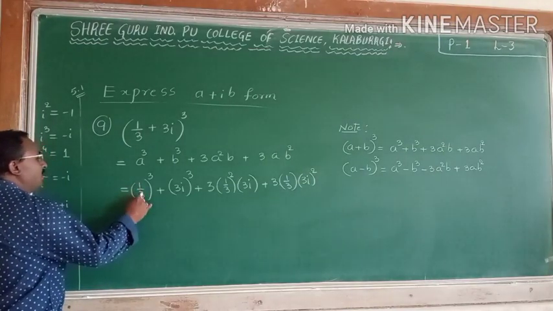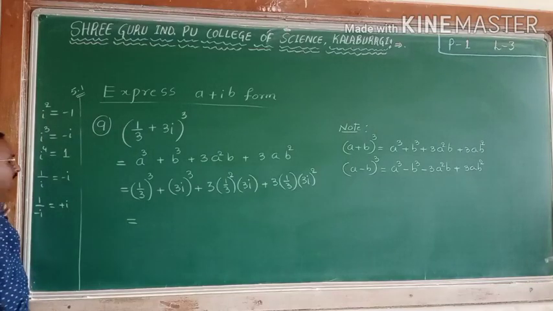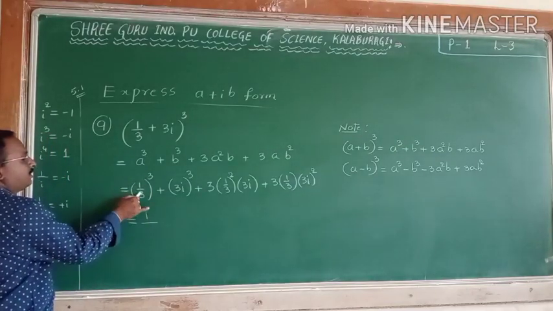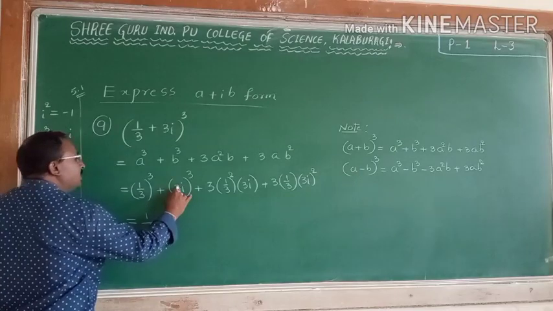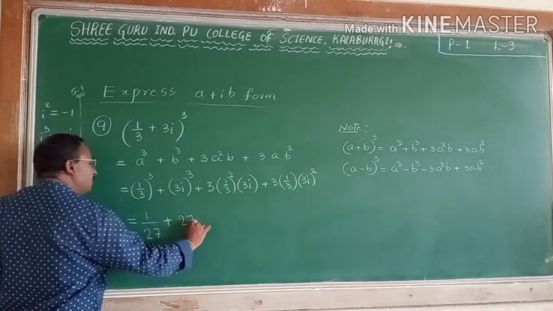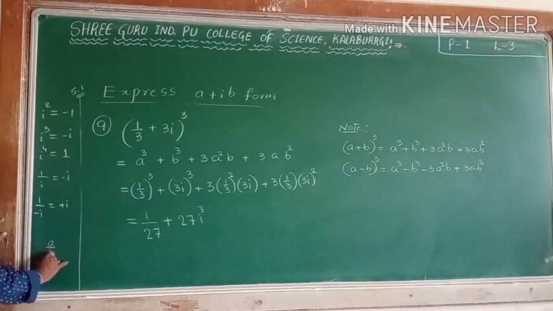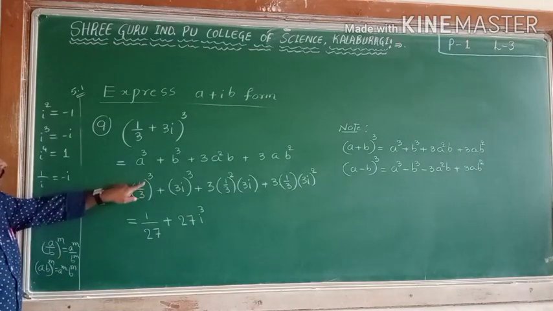Here (1 by 3) whole cube: a cube divided by b cube, that is 1 divided by 1 cube is 1, 3 cube is 27, plus 3 into i cube, because (ab) whole power m can be written as a power m, b power m.